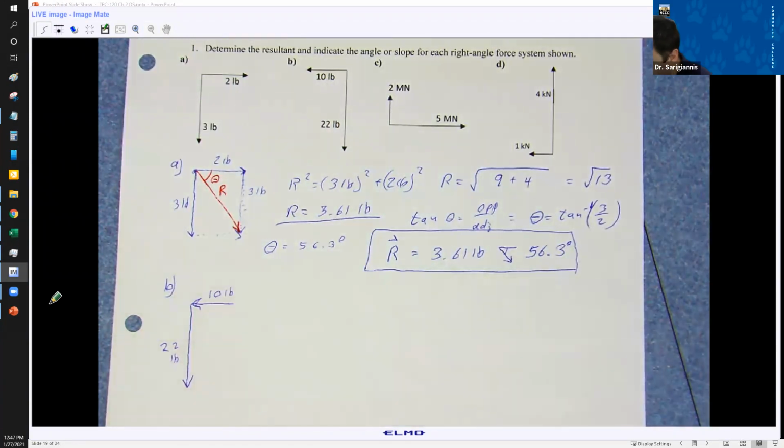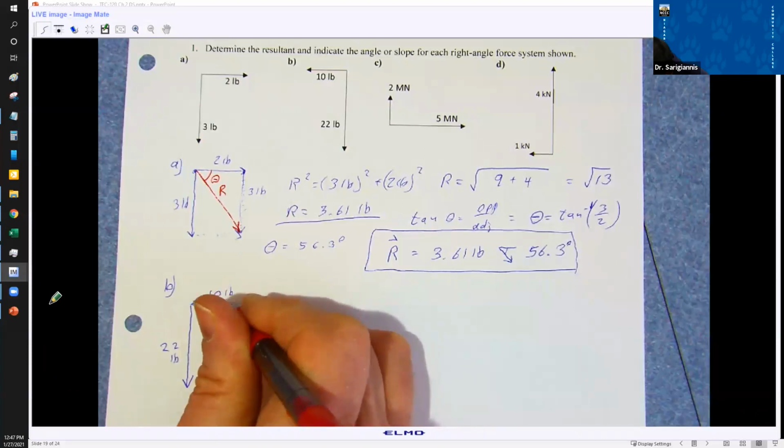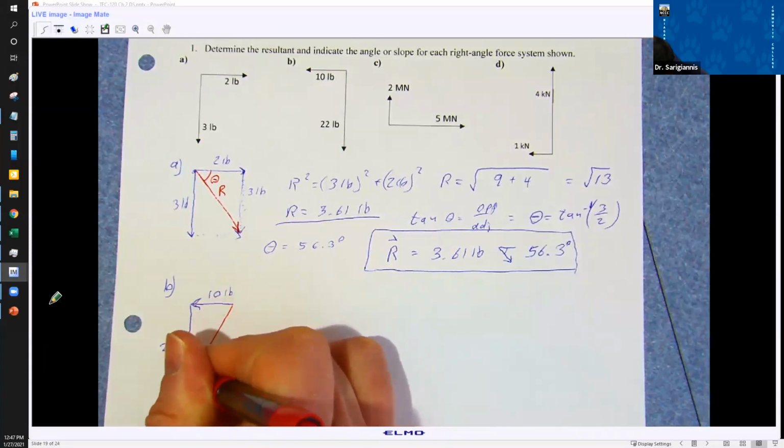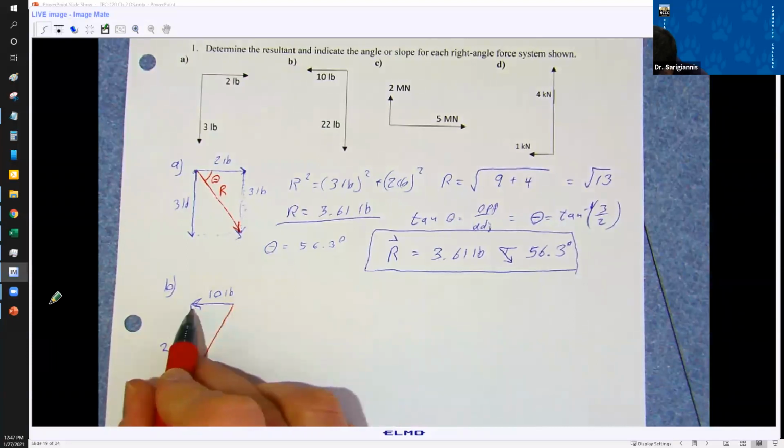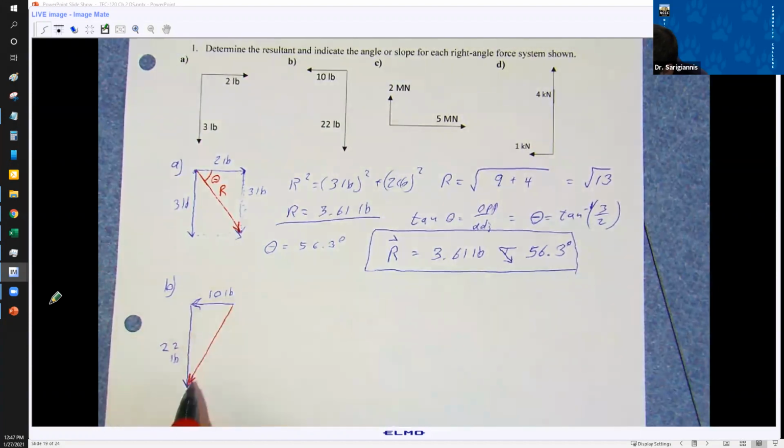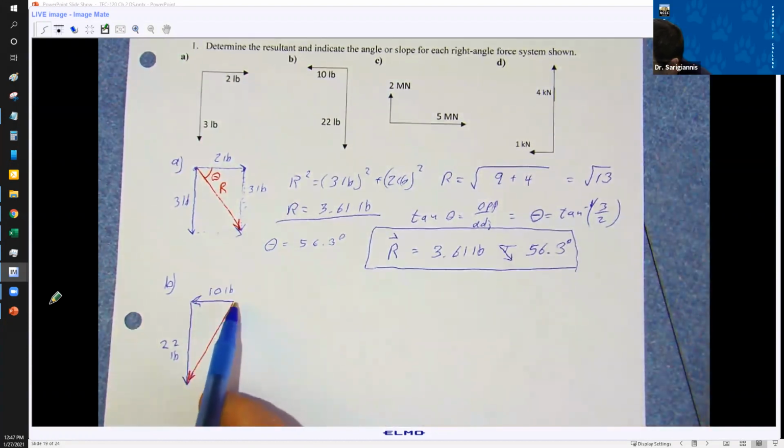idea. So I've drawn this vector triangle, and now I have a resultant that looks like this. I'm connecting my vectors. This is the tip to tail method. So the tip of this vector to the tail of this vector. And you connect your vectors up, and then you can draw your resultant between them. Think about it too, as if you were walking, right?